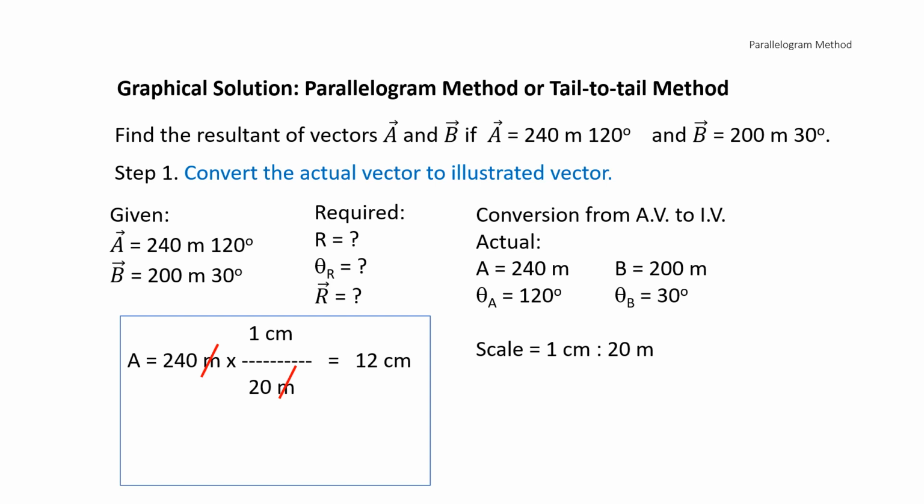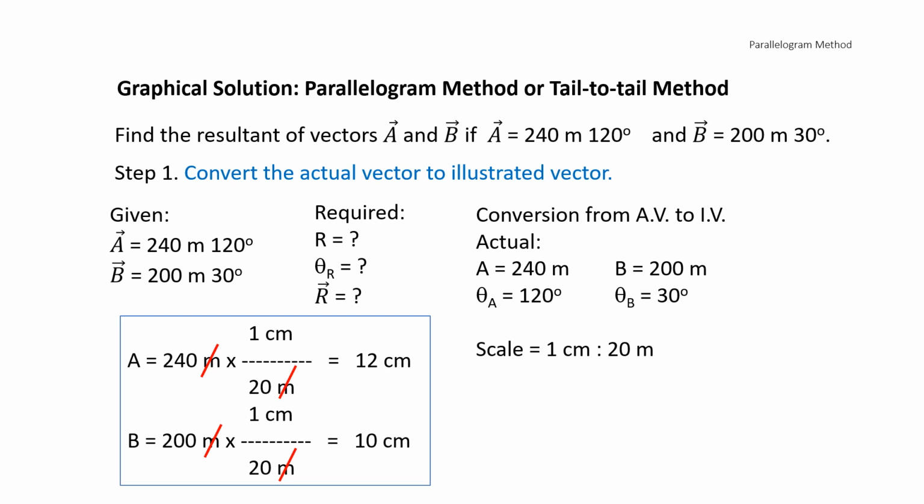The magnitude of vector A is equal to 240 meters times the scale as a ratio of 1 centimeter and 20 meters. The unit meter cancels out, and the magnitude of the illustrated measure of the vector A is 12 centimeters. The magnitude of vector B is equal to 200 meters times the scale as a ratio of 1 centimeter and 20 meters.